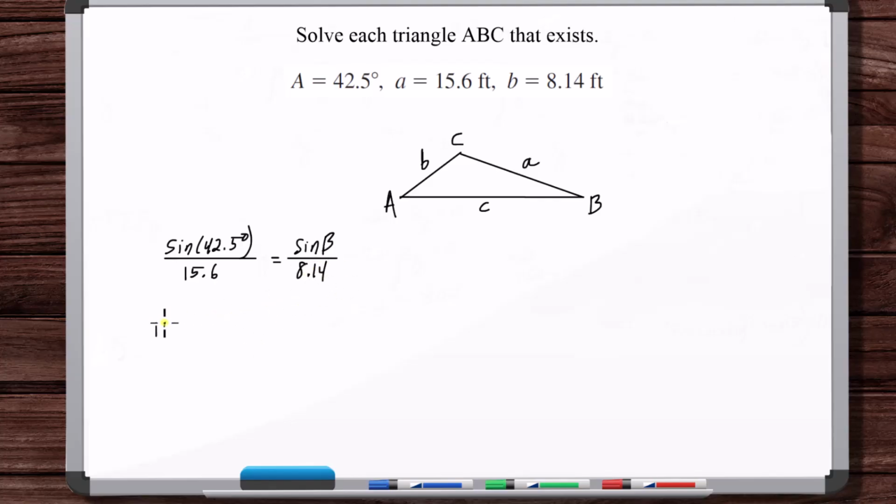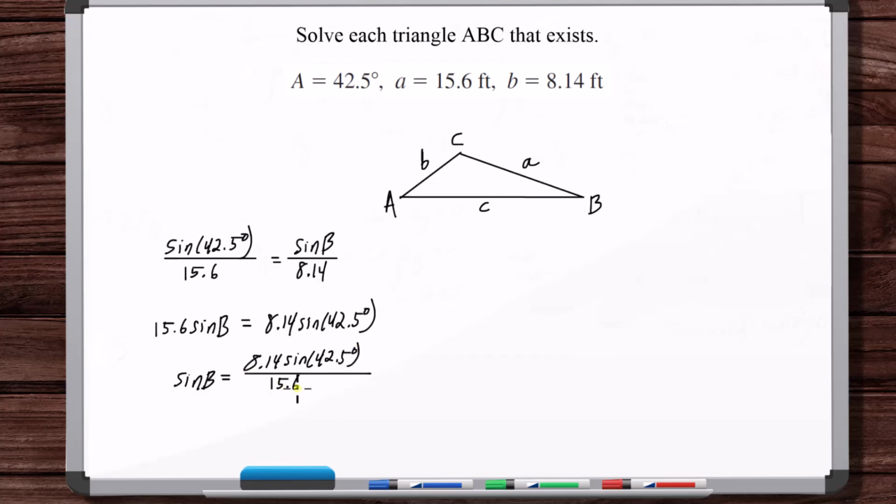So solving for sine of B, all over 15.6. Okay.